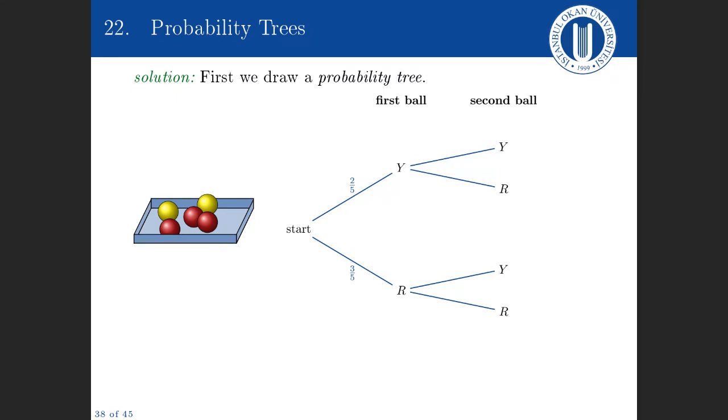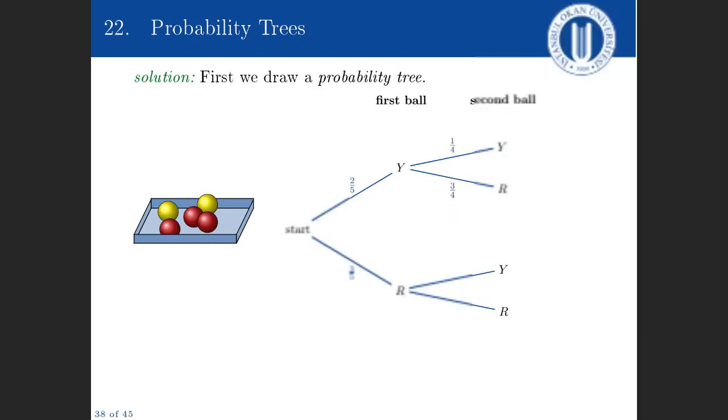Let's look at the top part of the tree first of all. First ball we've taken out is yellow, so that's gone. That means there's 4 balls left. One of these 4 balls is yellow and the other 3 are red.